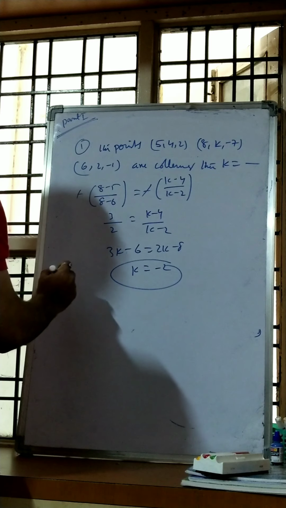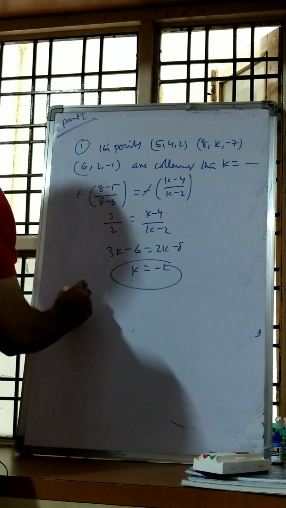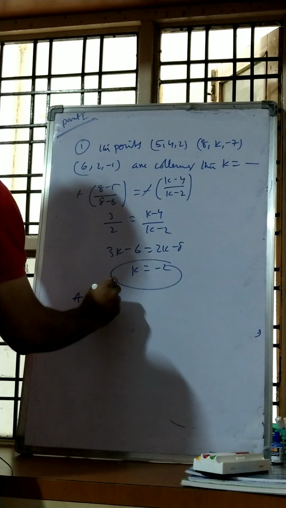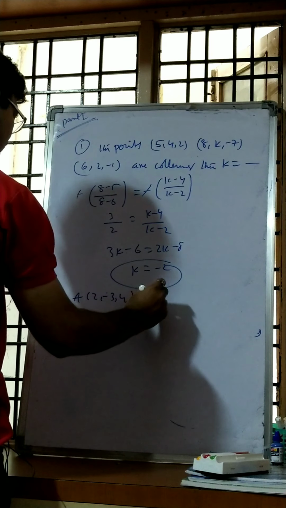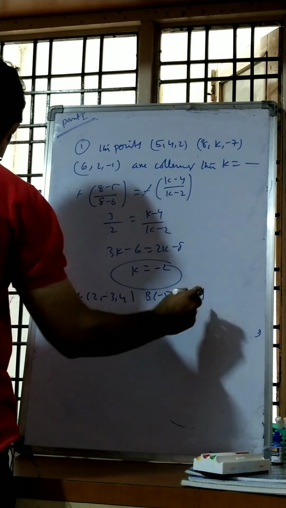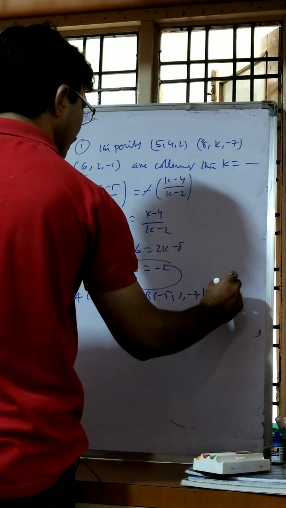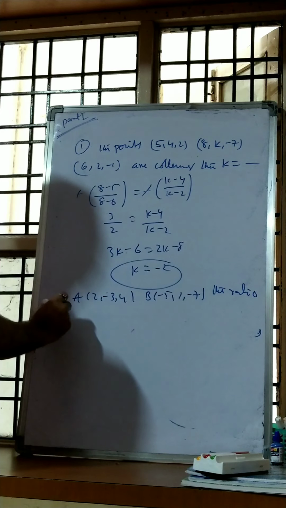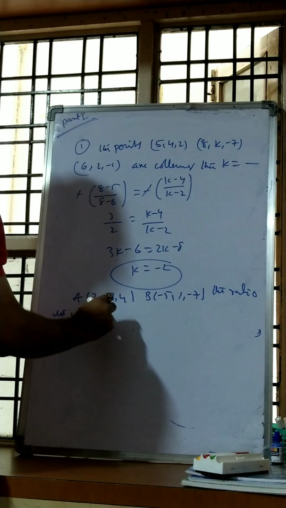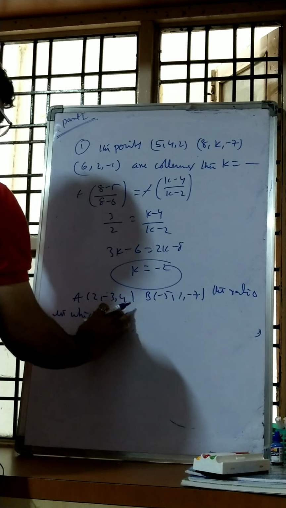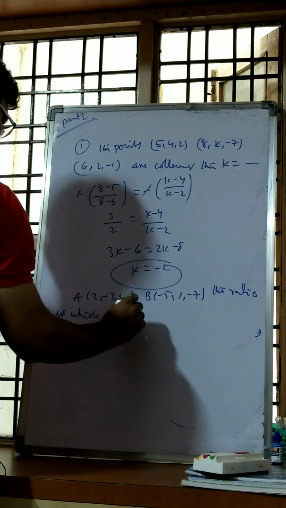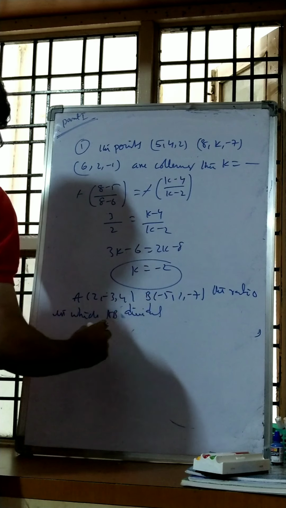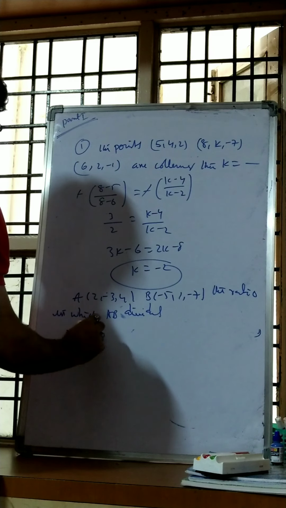Now suppose if he has given like this, what is that? A is given 2, minus 3, 4 and B is 5, 1, minus 7. The ratio in which AB divides the xy plane.